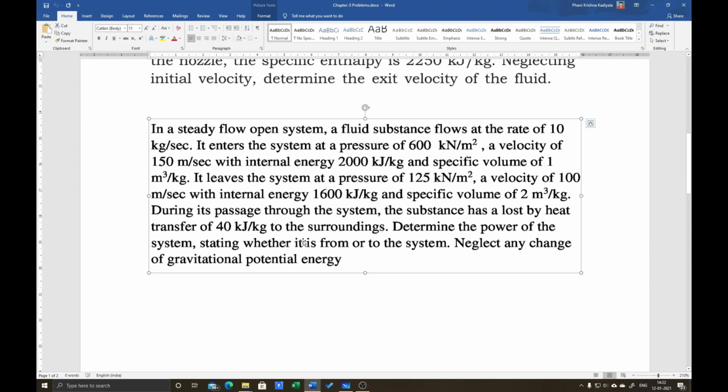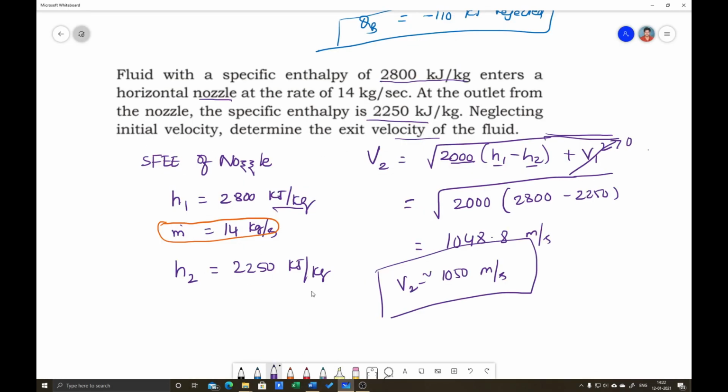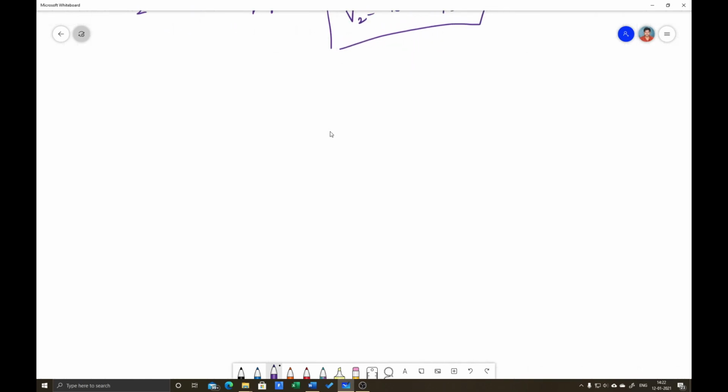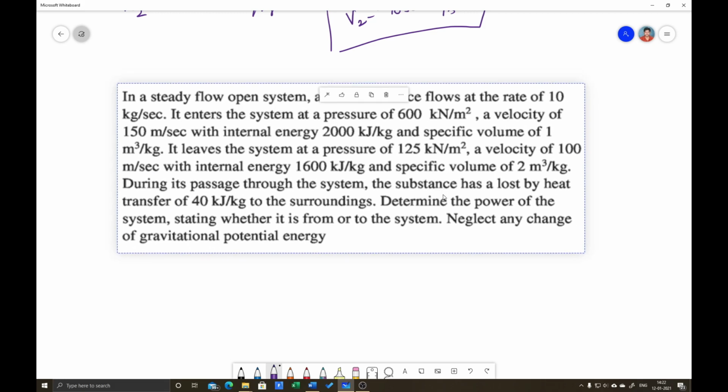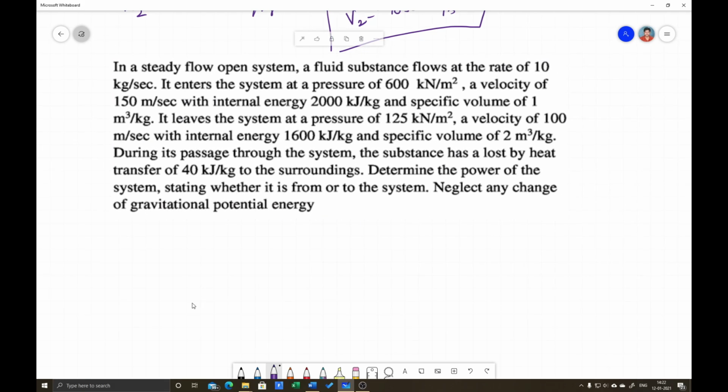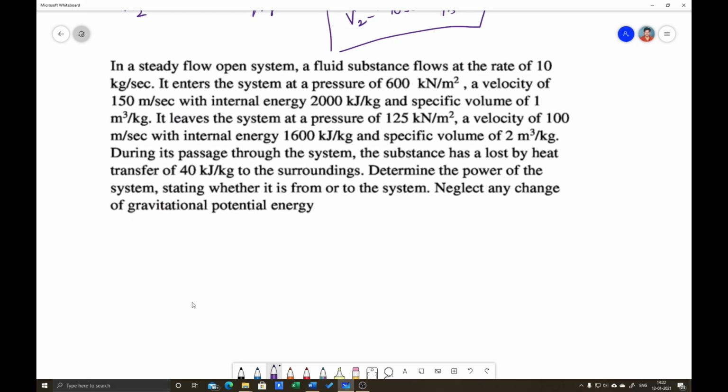Now we'll see a full application of steady flow energy equation. Okay. So this is directly given for 10 marks. We'll see this. So here in a steady flow open system, a fluid substance flows at the rate of 10 kg per second.